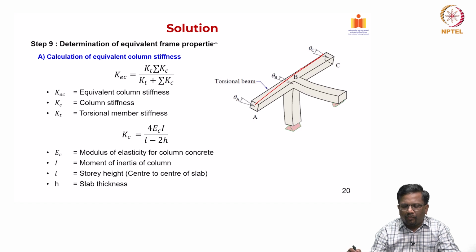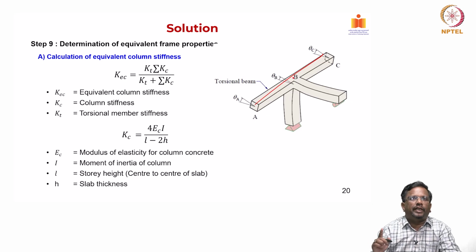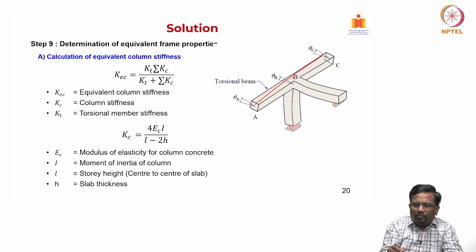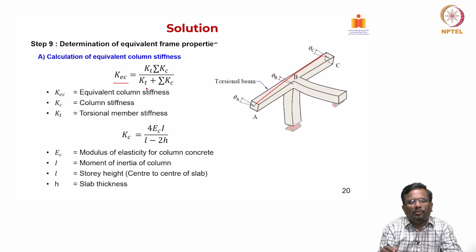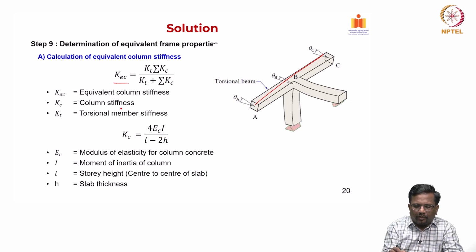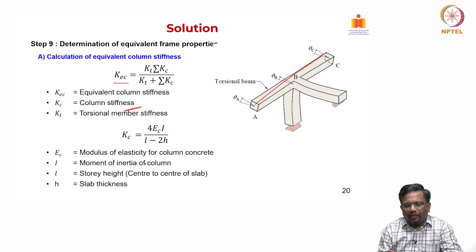So, I am going to convert the column above, the column below and this transverse member into an equivalent column, and the equivalent column stiffness is Kt into summation of Kc divided by Kt plus summation of Kc. What is Kc? Kc is 4 Ec I divided by L minus 2H, which is the column stiffness. What is Kt? Kt is the stiffness of a torsional member acting in the transverse direction.